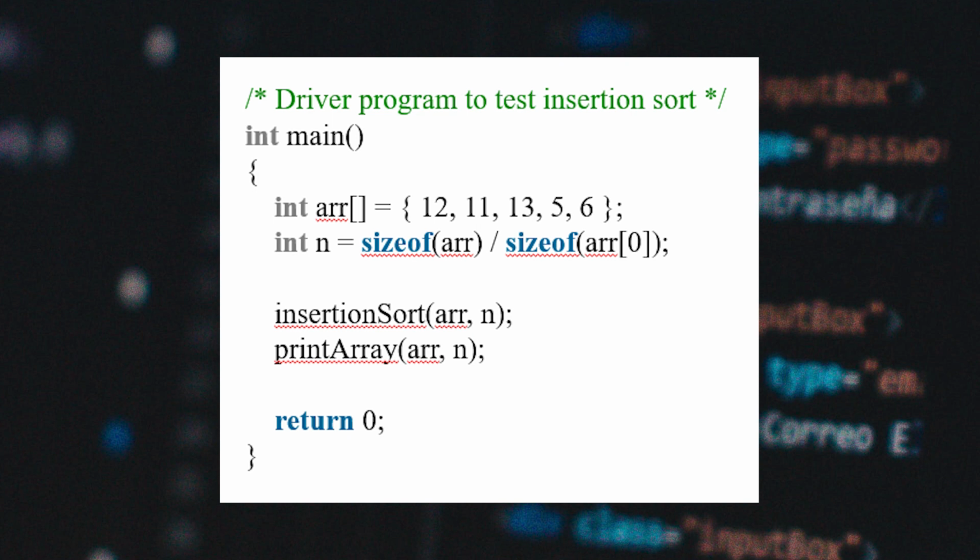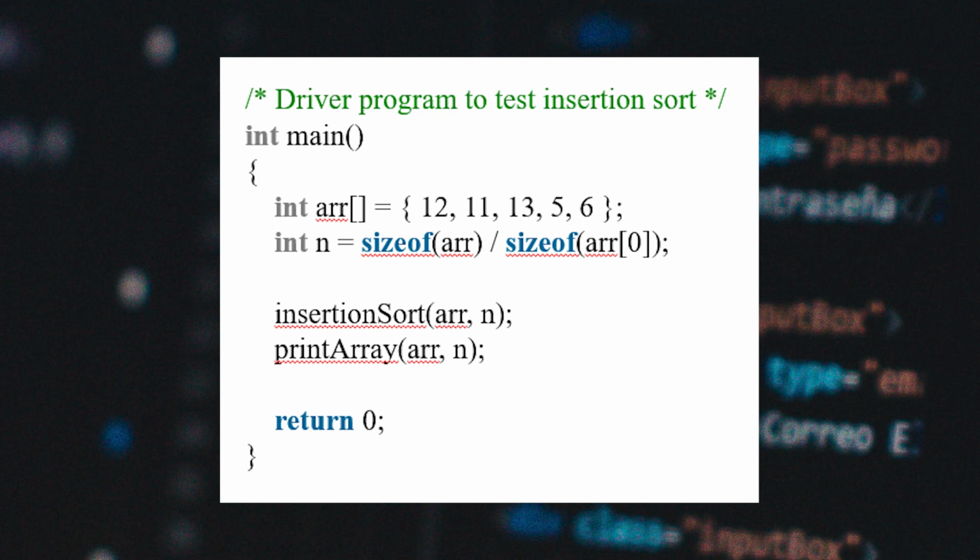Here we have initialized an array with 5 elements: 12, 11, 13, 5, 6. The int n is initialized with the size of the array, and the two functions which we defined in the previous slide are called.